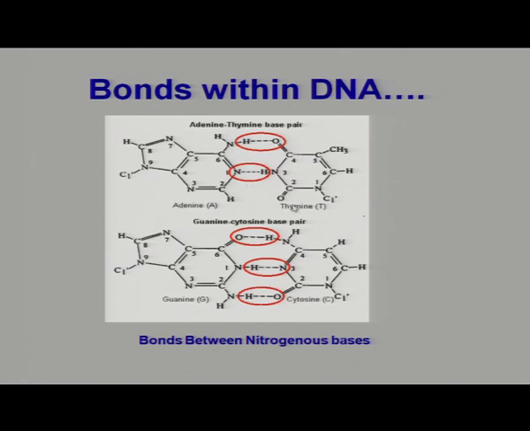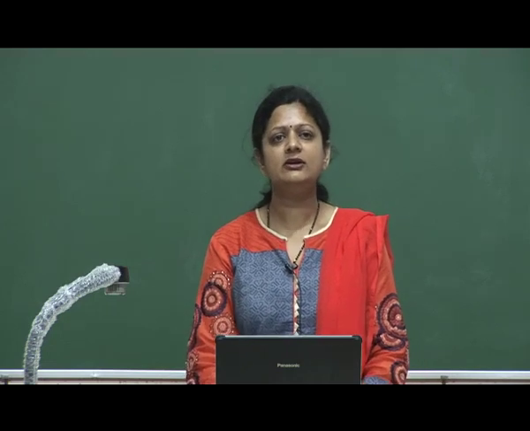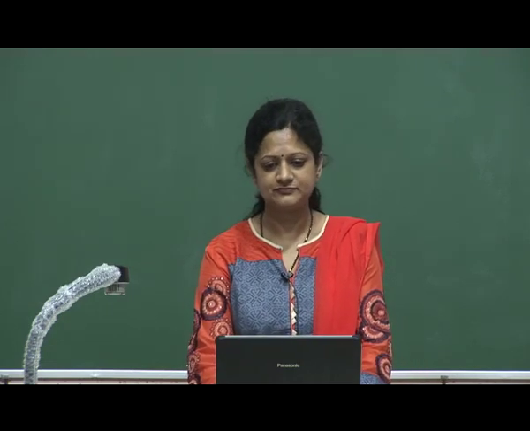In case of adenine and thymine, there are 2 hydrogen bonds, and in case of guanine and cytosine, there are 3 hydrogen bonds, and these hydrogen bonds help the 2 strands of the DNA to combine together. So, there is hydrogen bond in between the 2 strands of the DNA, or we can say in between the nitrogenous bases of the DNA.